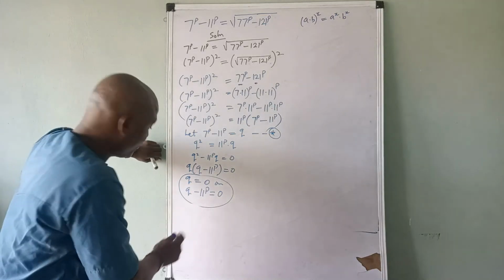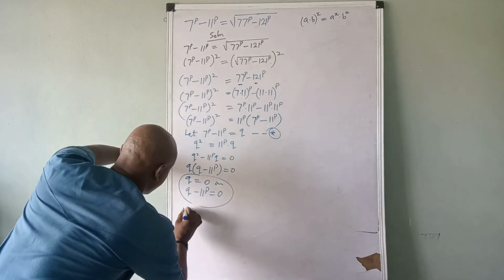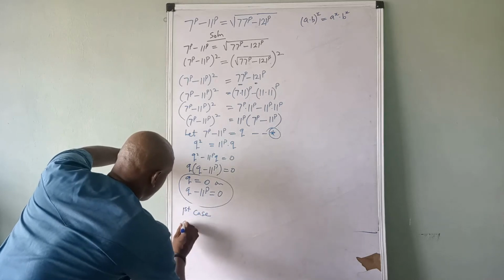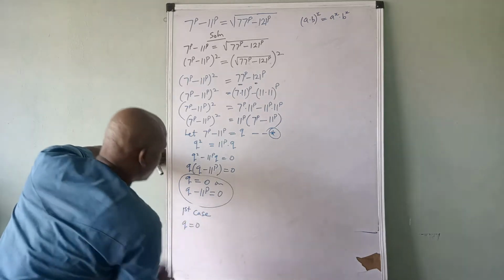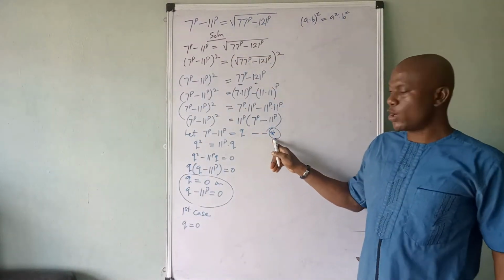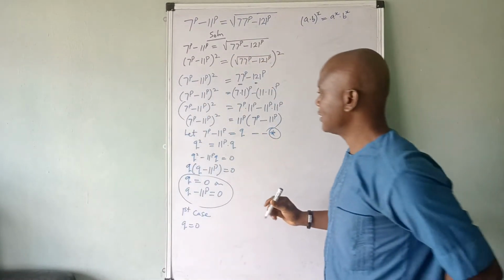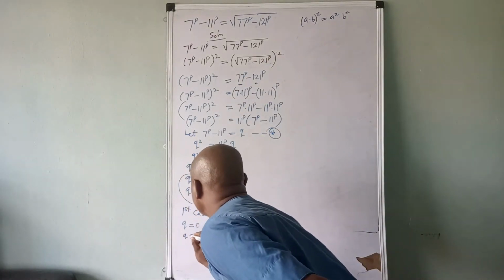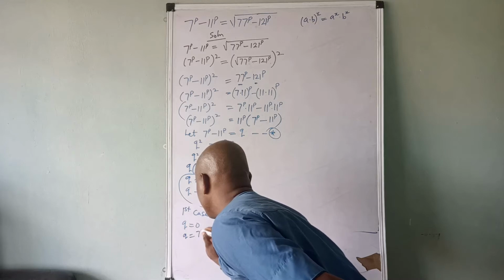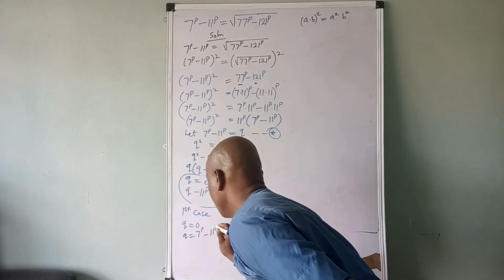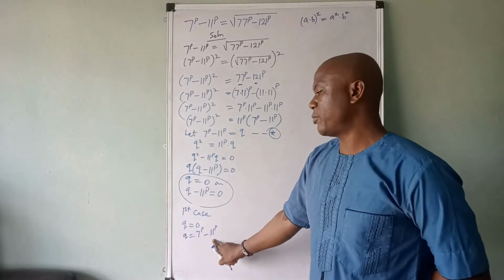So looking at this, we have two cases to handle. The first case is when q is equal to 0. But if you recall, we have our equation star, which says that q is the same as 7 raised to the power p minus 11 raised to the power p.